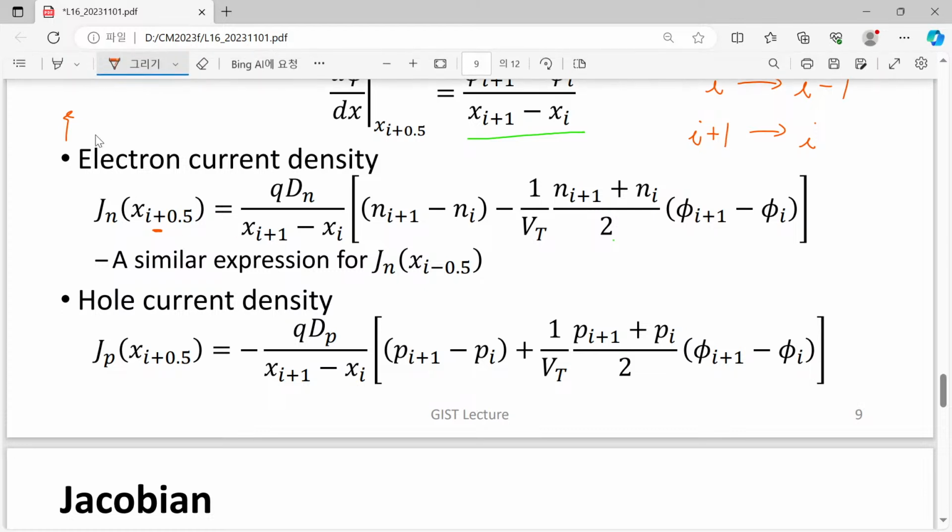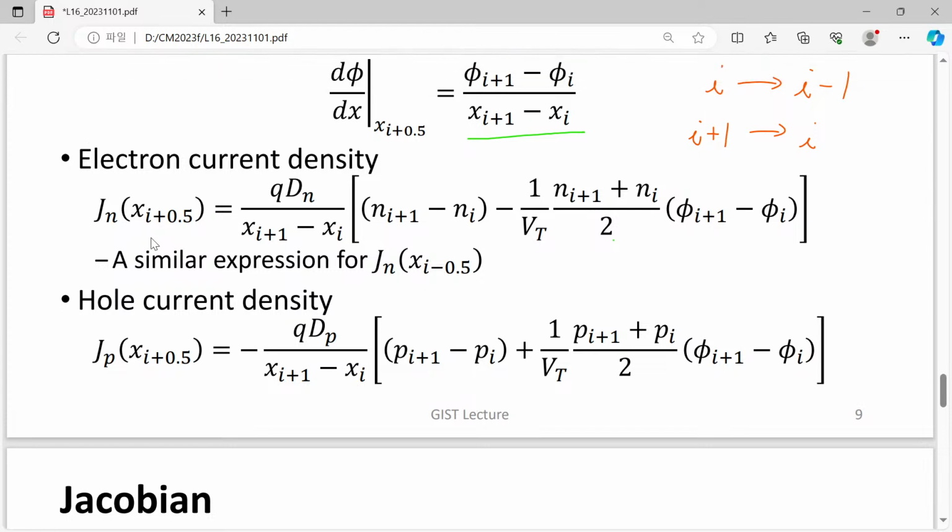Simply speaking, if you just swap the expressions, this and that, what will happen? Your electrons will behave just like holes, and your holes will behave just like electrons. So it is easy to make mistakes. Please don't be confused, and please keep the sign. Okay?